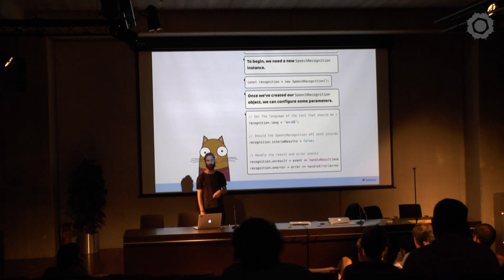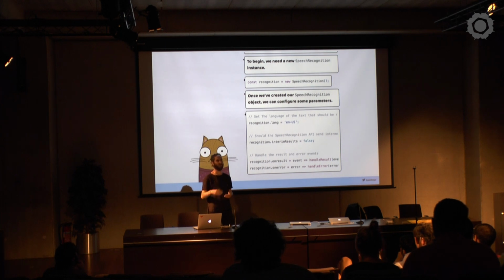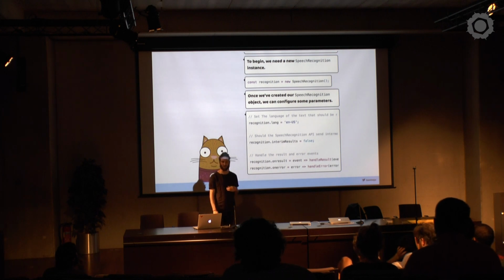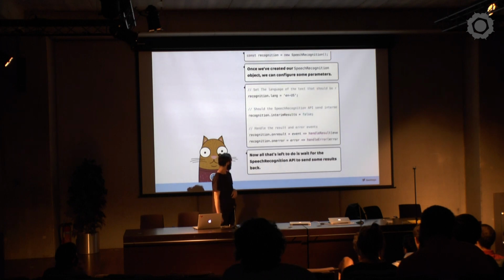I was supposed to speak US English. You can set whether you want intermediate results, like does it give you every guess that it makes of what you're saying in between, or does it just give you the result in the end when it's kind of sure what you said. And then you give some event handlers like, what should I do when I have a result? Or what should I do when I have an error? And that's basically everything you need to do to make it work, if it wants to work.